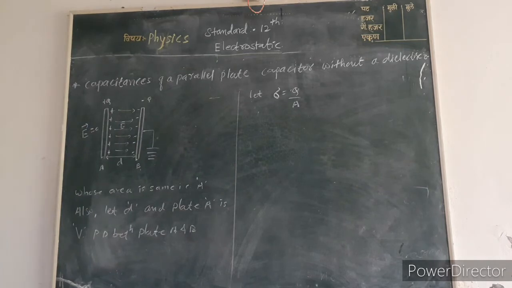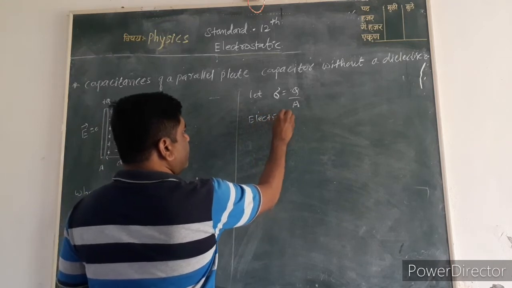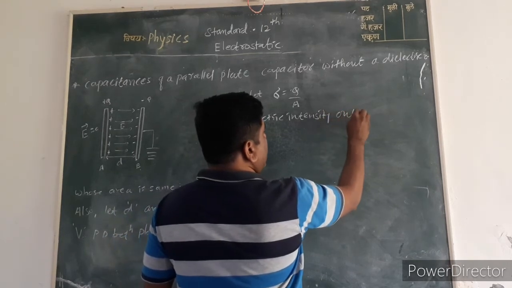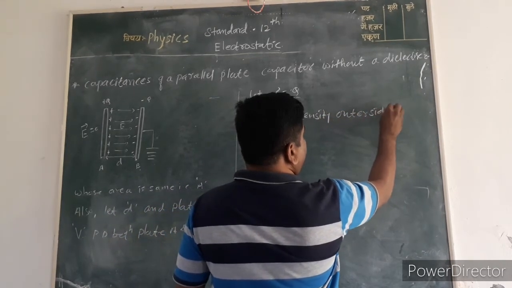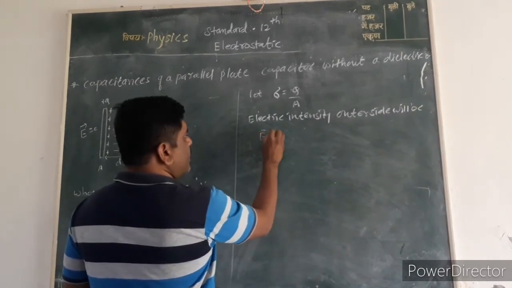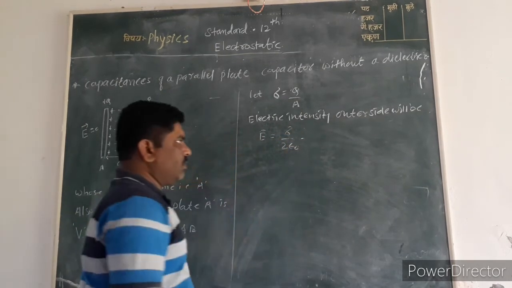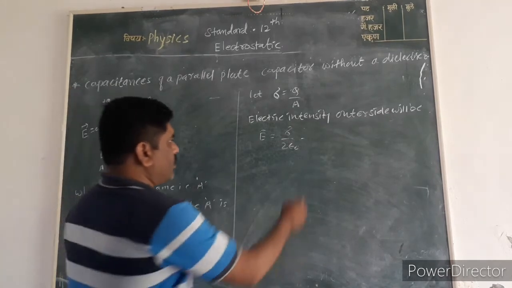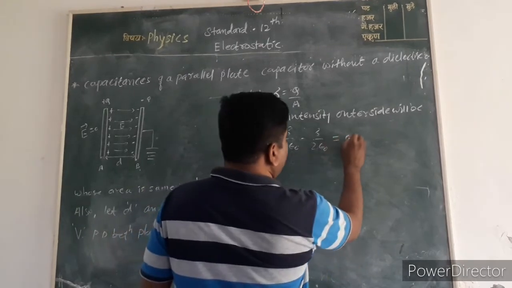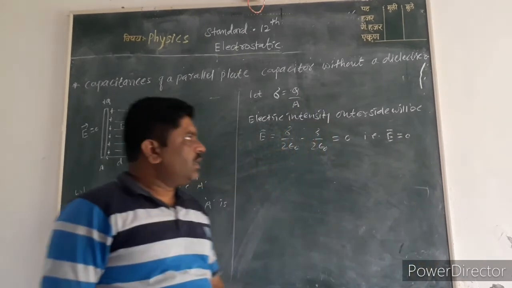Therefore, the electric intensity on the outer side will be E bar is equal to sigma upon 2 epsilon 0 for the positive charge, and minus sigma upon 2 epsilon 0 for the negative charge, which is equal to 0, that is E bar is equal to 0.